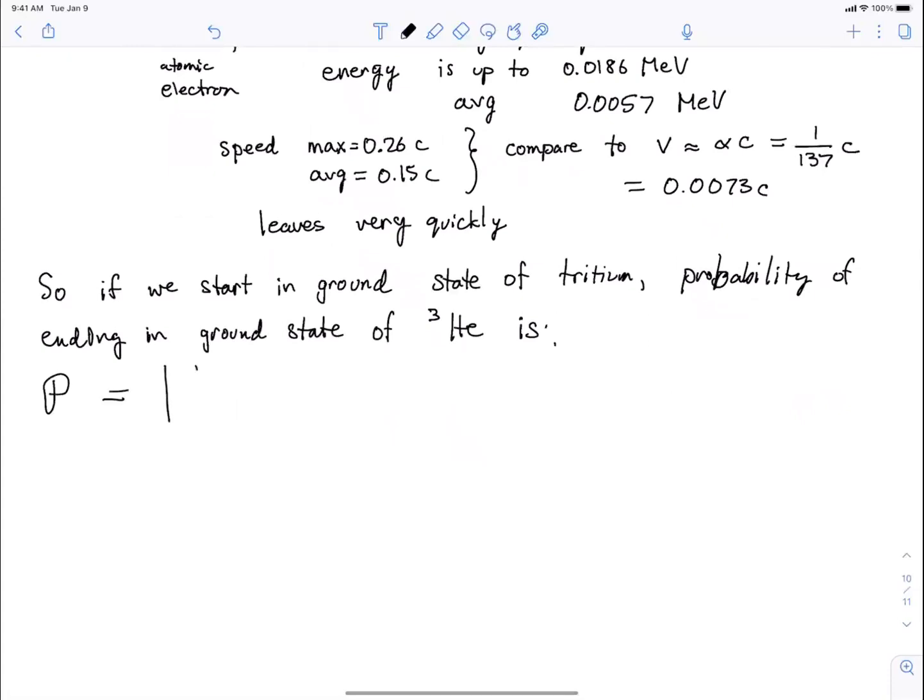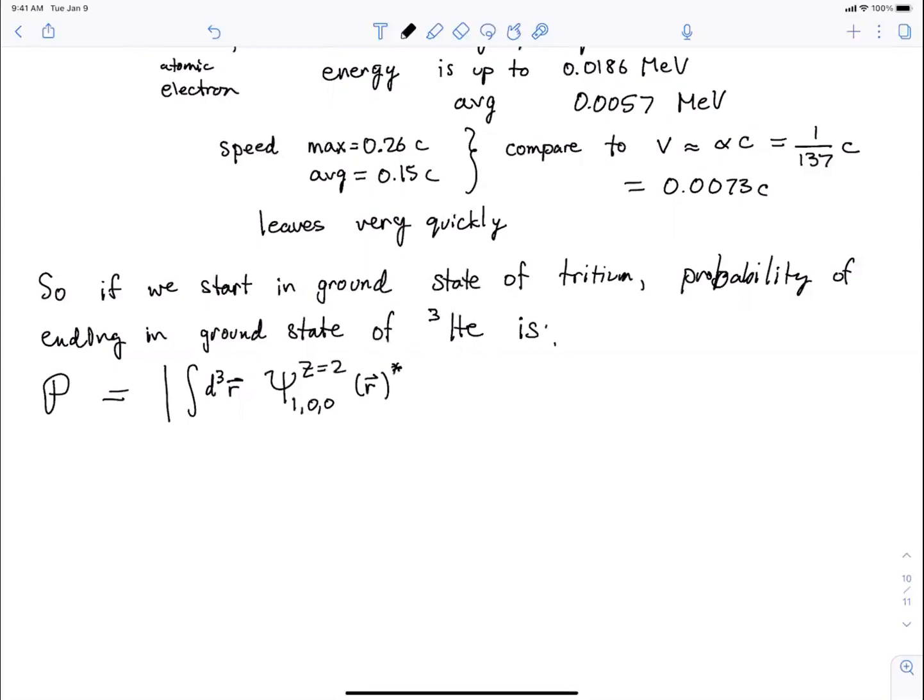And here's what the matrix element is going to be in the position representation. So we have the state that we're ending up with, which is the 1, 0, 0 state of a Z equals 2 atom. That's helium-3.